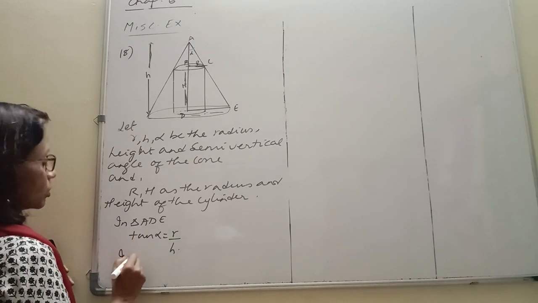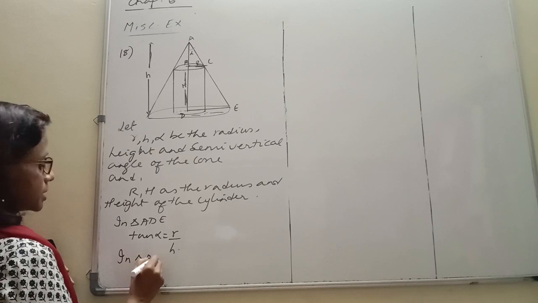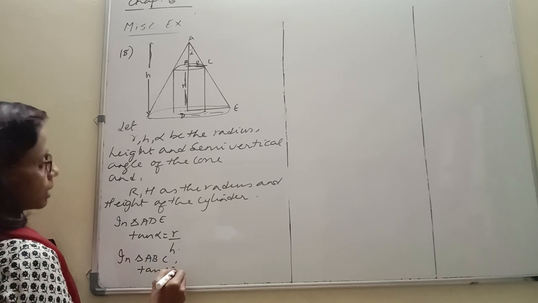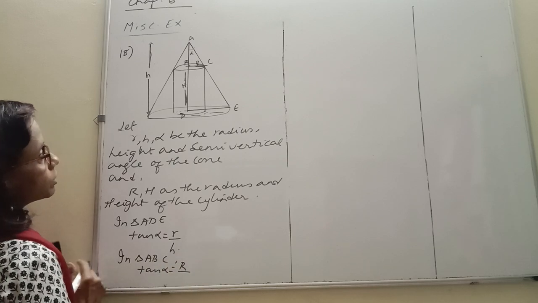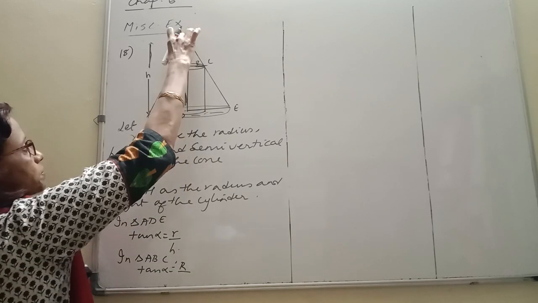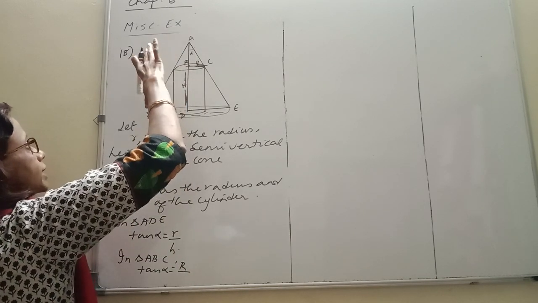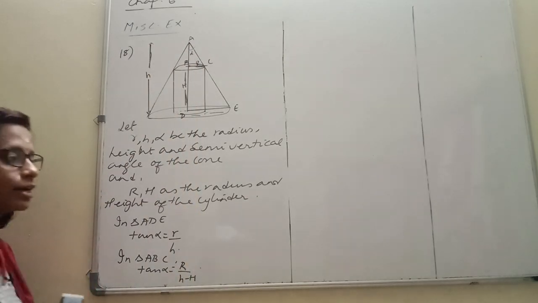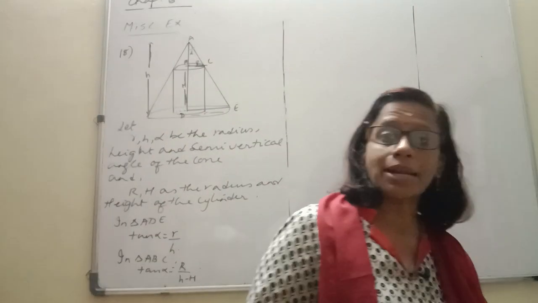And so also you could look at the triangle ABC. There tan alpha would be capital R over this part AB. AB is the entire H minus h. Yeah, so both are tan alpha, so they can be equated.